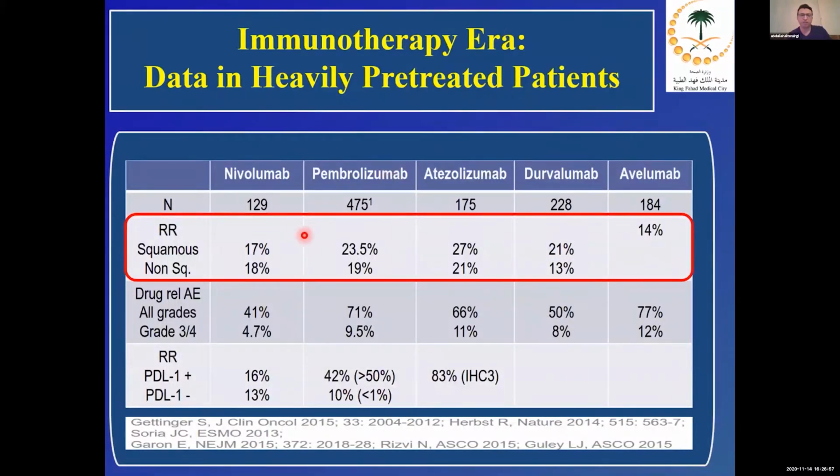The initial data are probably in patients who received subsequent treatment, heavily pretreated patients with many lines, where a number of checkpoint inhibitors were tested: Nivo, Pembro, Atezo. What we saw in those trials is that the response rate achieved with single-agent checkpoint inhibitor monotherapy is in the 20% range. It's not a high response rate.